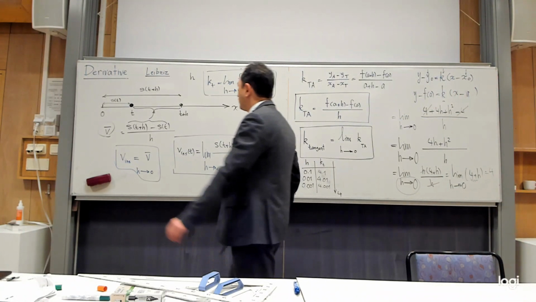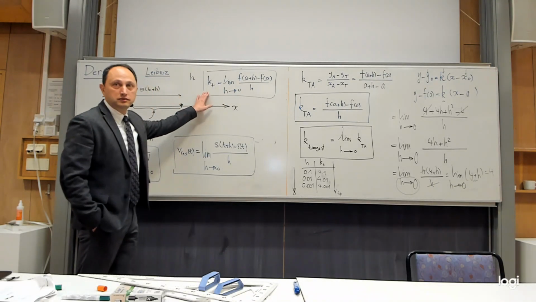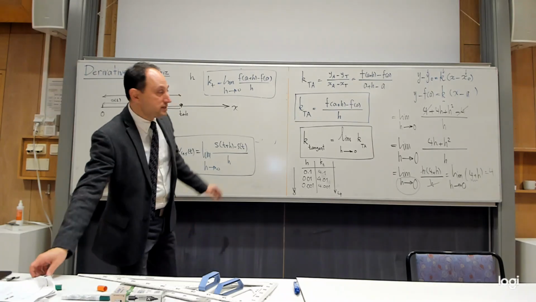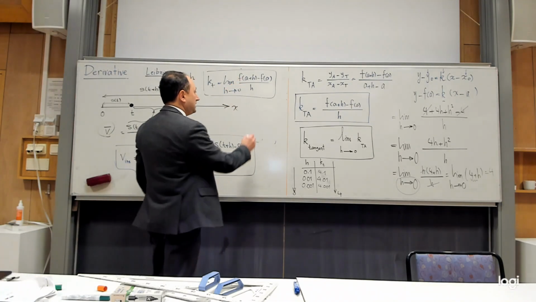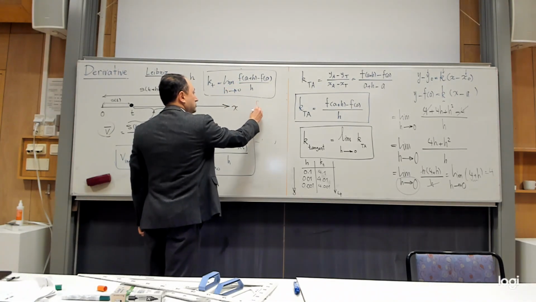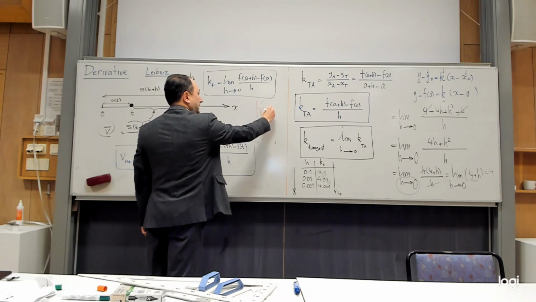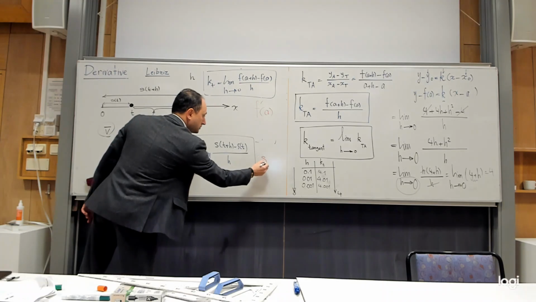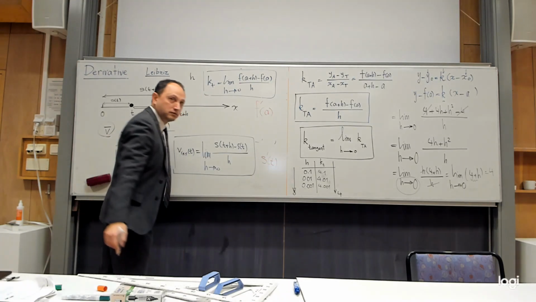Mathematicians decided to call this the derivative. Yes? They call this limit the derivative of f at a, and then they use this symbol to denote it, f prime of a. And the same thing here, but this time it becomes s prime of t.